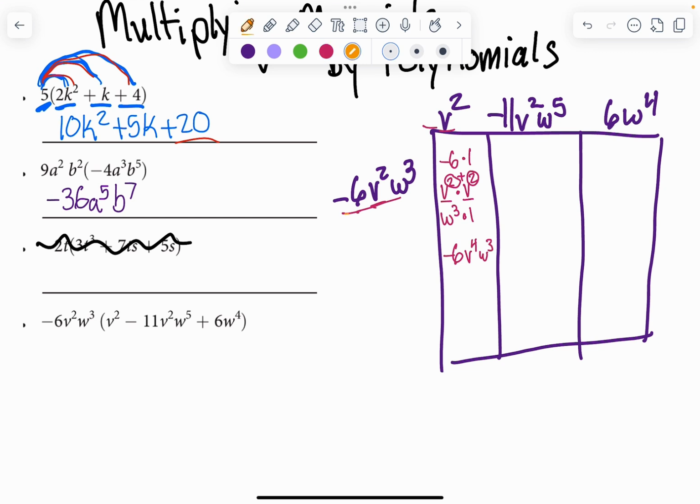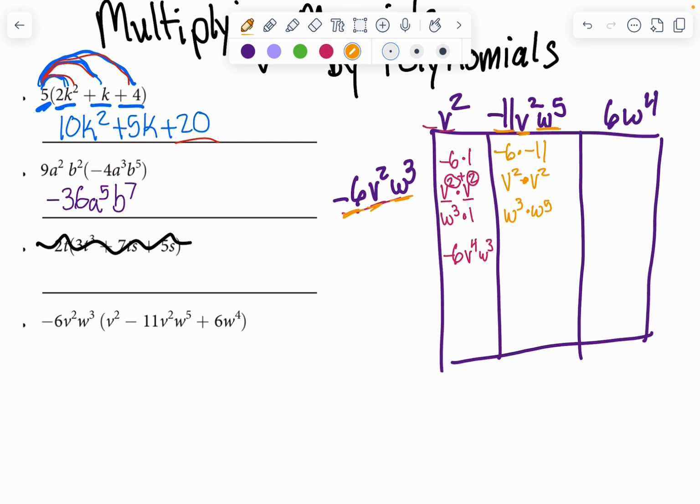All right, now we've got our next one. We've got negative 6 times negative 11. V squared times v squared. And w to the third times w to the 5th. Now we can go ahead and do these multiplications as we put them all together.